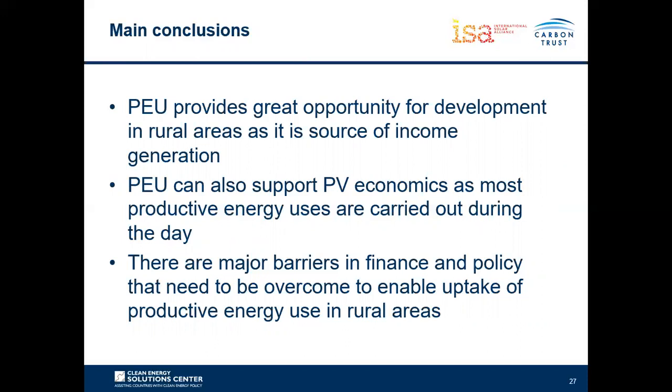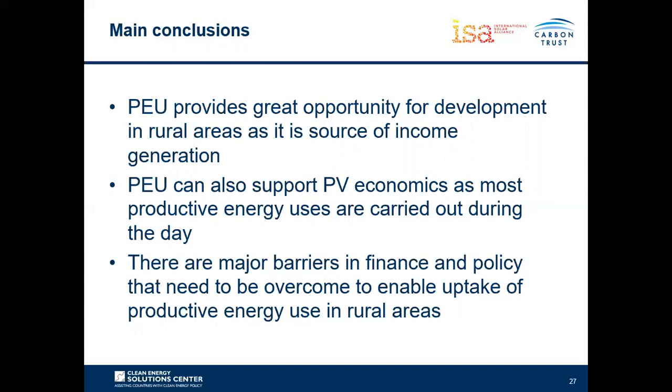Productive energy uses are well synchronized with solar PV technology due to the load profiles associated with productive energy usage being mainly during the day, which is well synchronized with the supply of electricity from solar PV between the hours of 9 and 5.